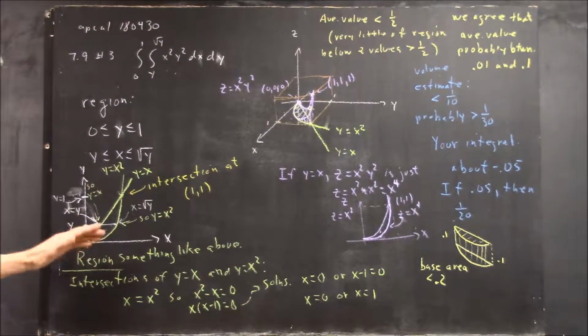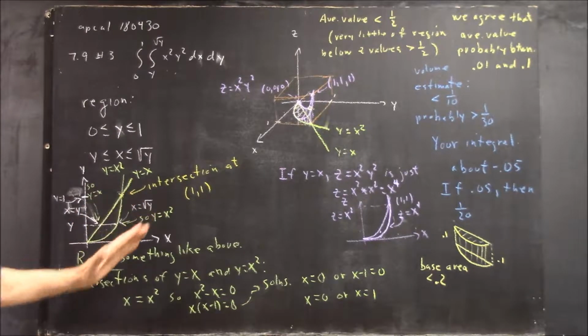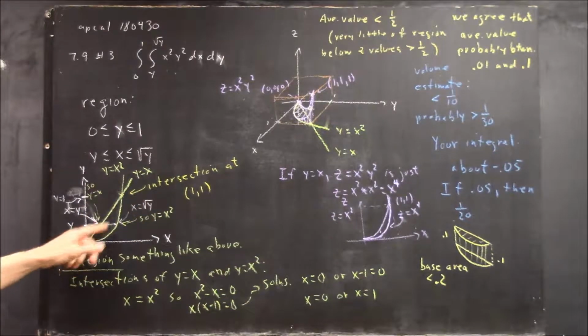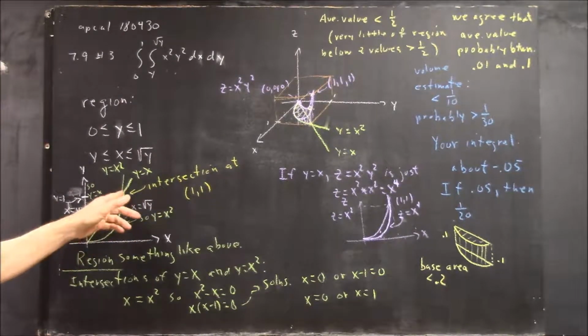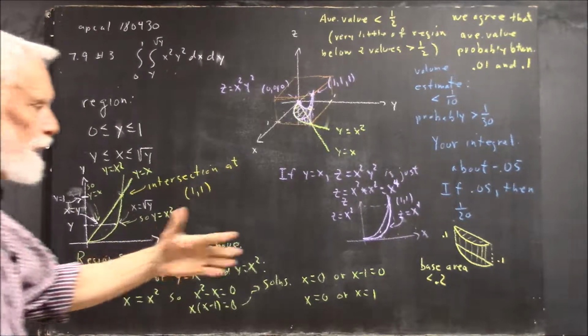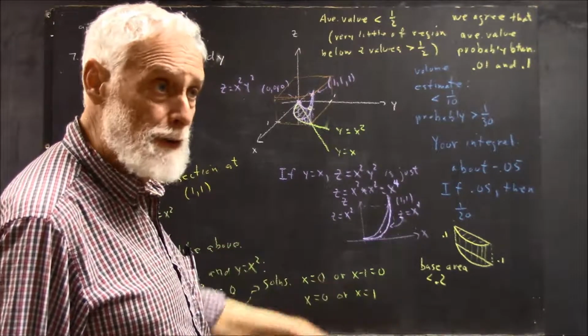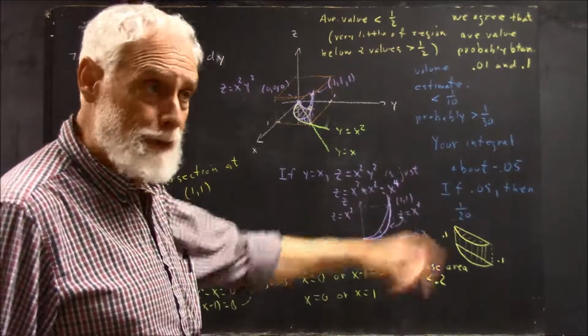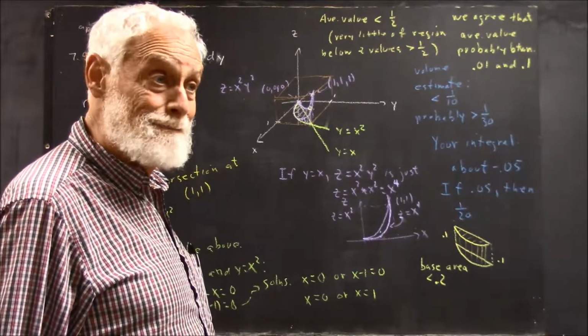Which would correspond to this area, okay? And then this is less than half of what you'd have here, or maybe half, okay? So we could calculate the base area, but I'm guessing it's less than 0.2. If I'm wrong, then my estimate is what's good. Okay?